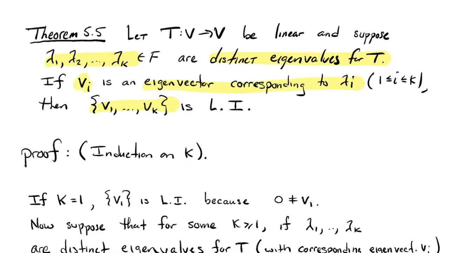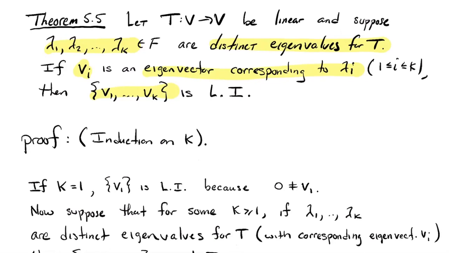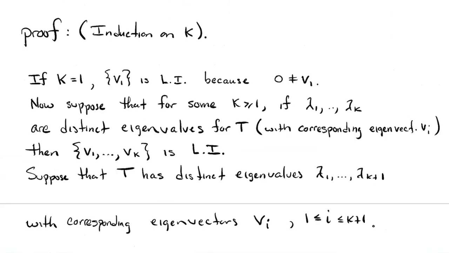Okay, we're going to prove this by induction on the number of eigenvalues, the number k. So first of all, if k is equal to 1, T has exactly one eigenvalue, then this set has one eigenvector. Eigenvectors are never zero, and so a set with a single non-zero vector in it is linearly independent. So there's our base case.